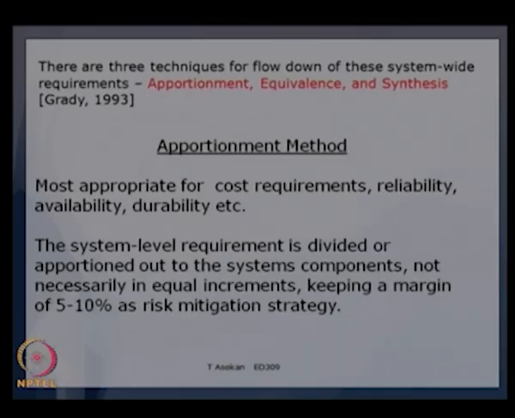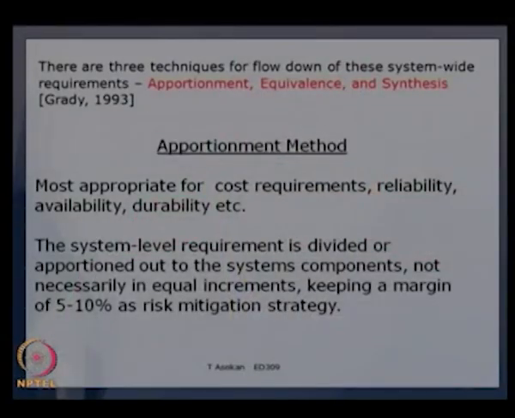Probably for maintenance you can have 1,000 rupees, and the control of elevator cars could be 7,000 rupees, and the remaining 1,000 rupees can be divided amongst other members. So the total 9,000 operating cost can be apportioned amongst the members, and 1,000 can be kept as a risk mitigation strategy.